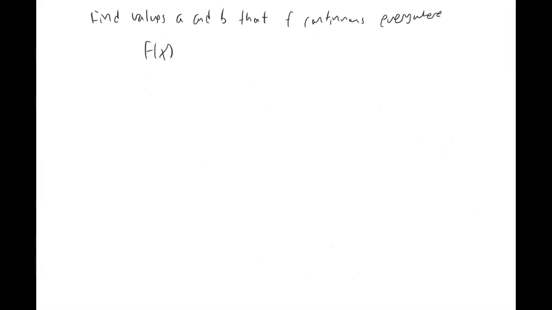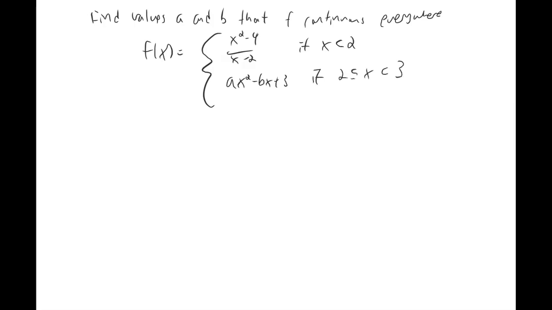So f of x is x squared minus 4 over x minus 2 if x is less than 2, ax squared minus bx plus 3 if 2 is less than or equal to x less than 3, and 2x minus a plus b if x is bigger than or equal to 3.